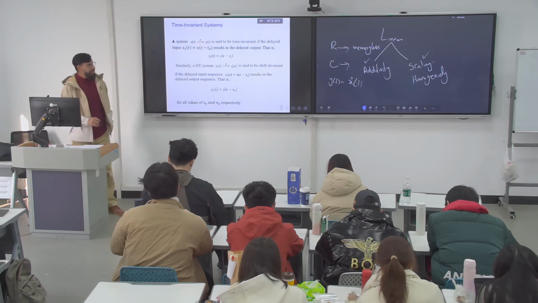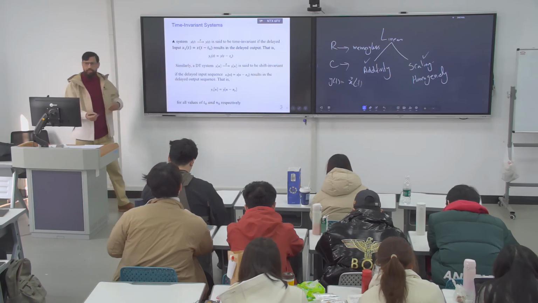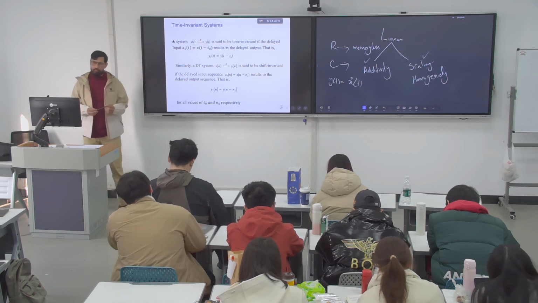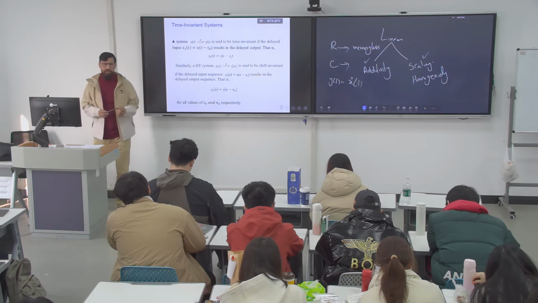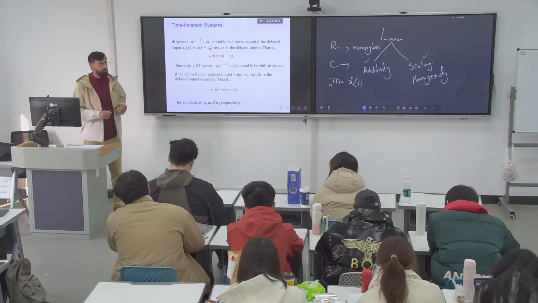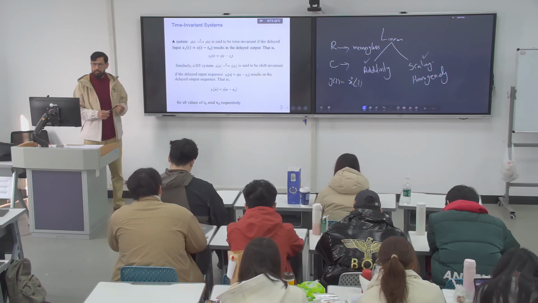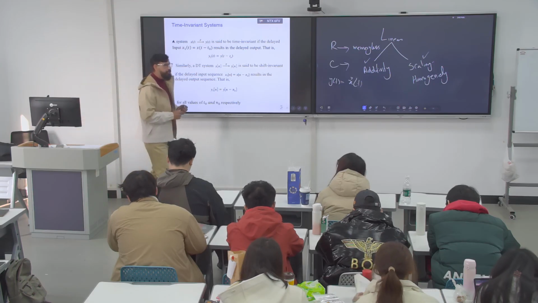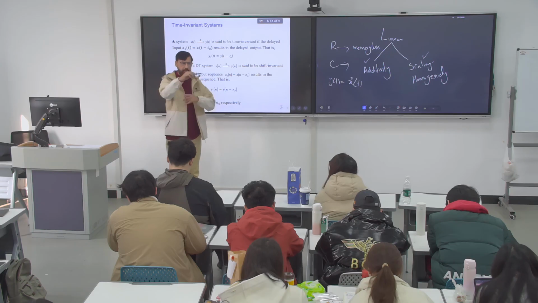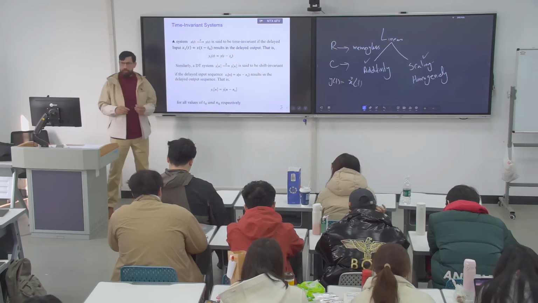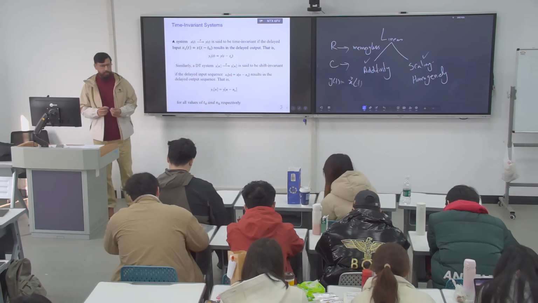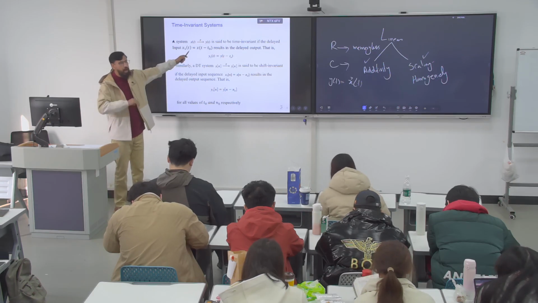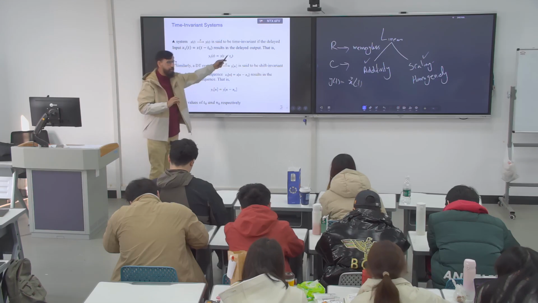Now, time invariant system. What is it? A time invariant system is one where, if you introduce a delay in the input, the same delay is reflected in the output. So if I introduce a delay in my input here, the output should also have that delay.